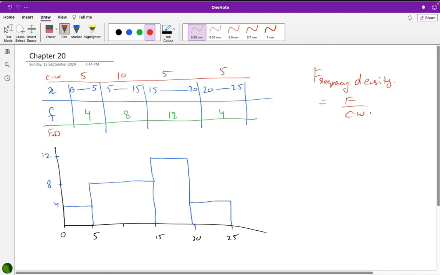And frequency density is frequency divided by class width. 4 divided by 5 is 0.8. 8 by 10 is 0.8. 12 by 5 is 2.4. And 4 by 5 is 0.8.